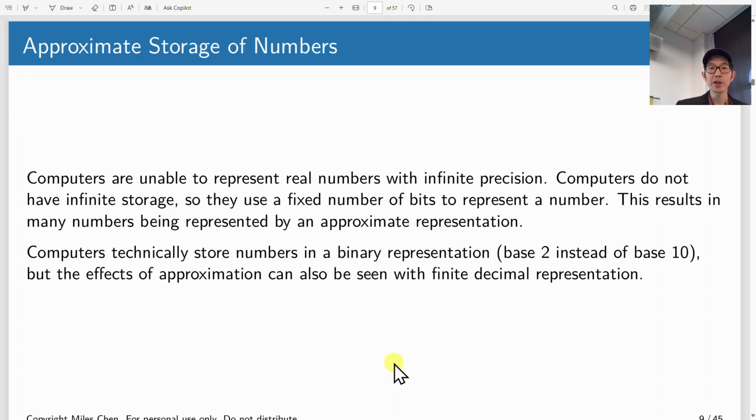So computers are unable to represent real numbers with infinite precision, right? Computers do not have infinite storage, so we use a fixed number of bits. We use 64 bits to represent a number, and this requires that a lot of numbers be represented with an approximate representation.